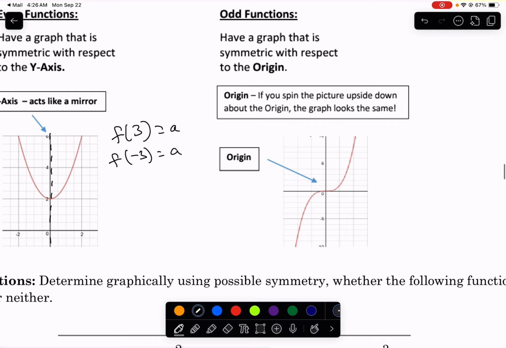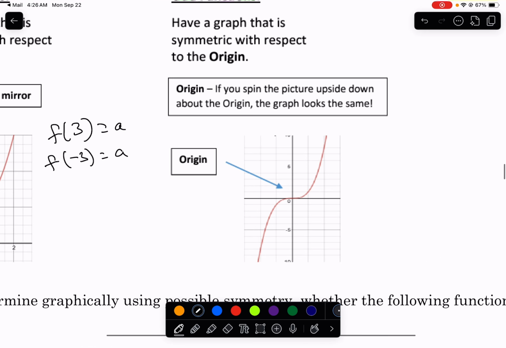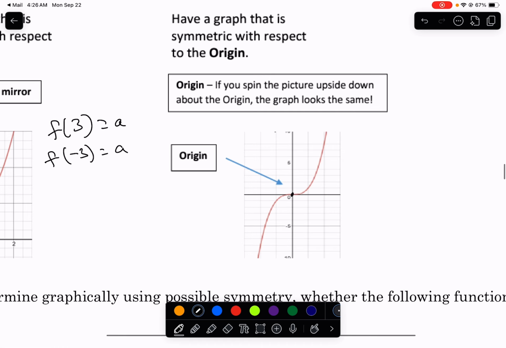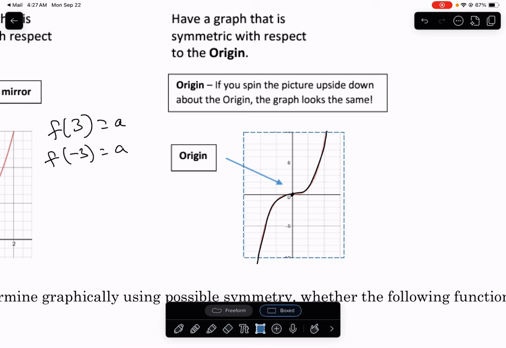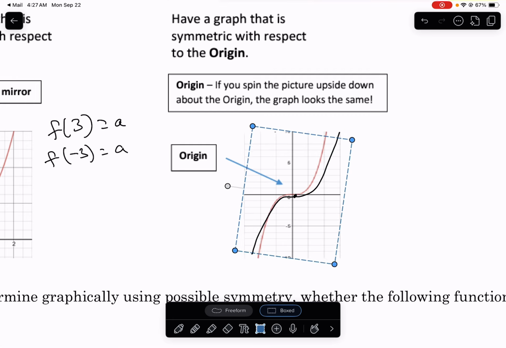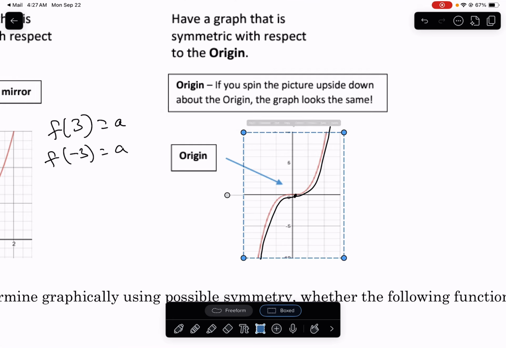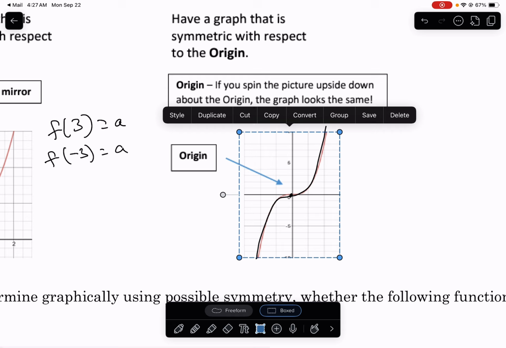Then we have odd functions. Now, odd functions are a little bit trickier. They are symmetric with respect to the origin, which is (0, 0). So what that means is that if you rotate this, it will rotate about the origin just like that and be symmetric about it, okay?